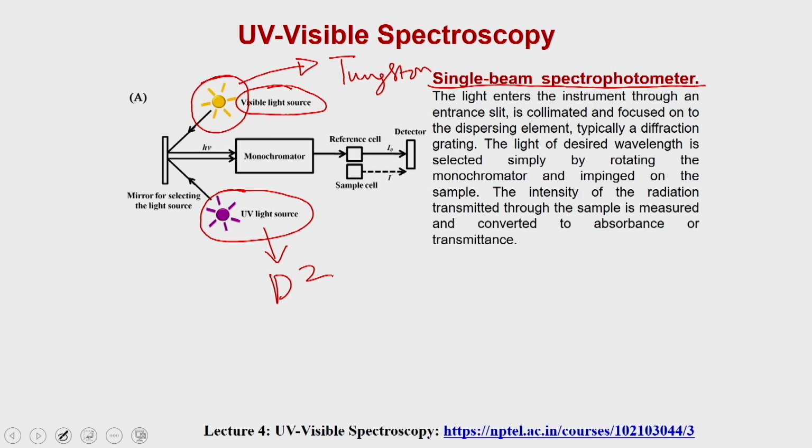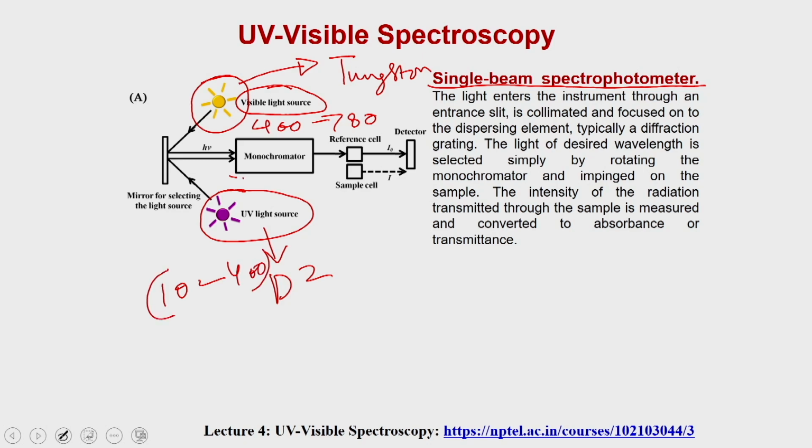They give you light depending on what wavelength region you select. If you select 400 to 780, only the tungsten bulb is used, but if you use the region from 10 to 400, then you use the UV light.